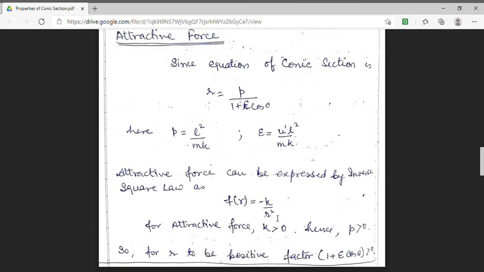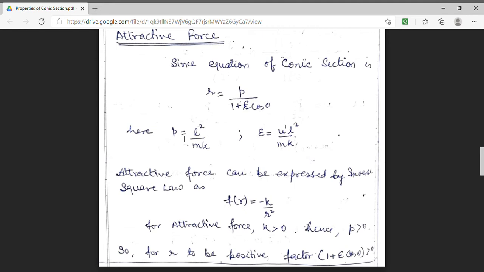Since the attractive force is negative in nature, F is negative only when k is positive. And since k is positive, we will have p always positive.